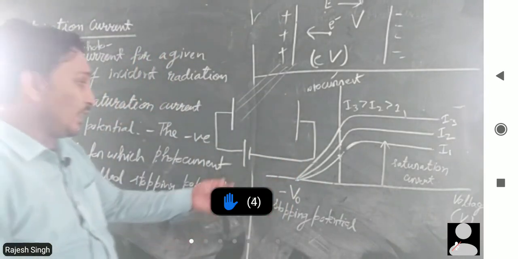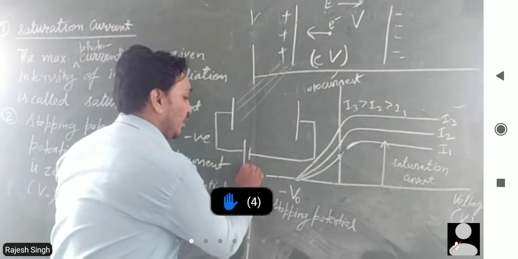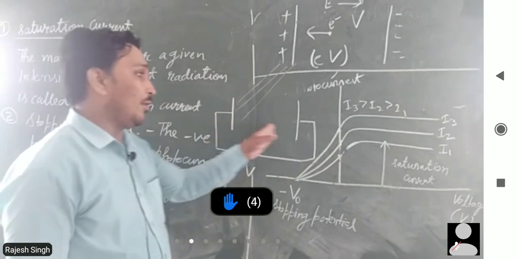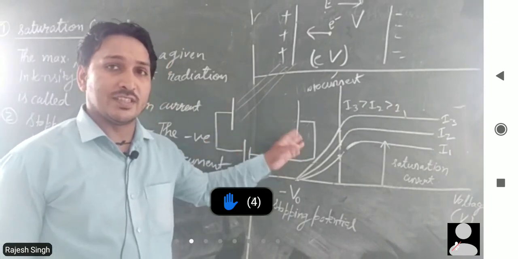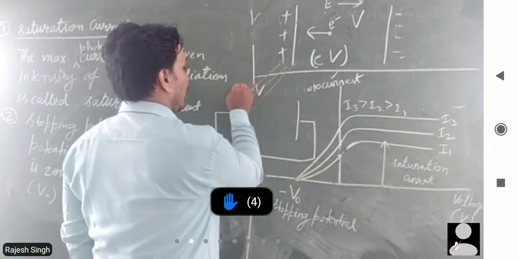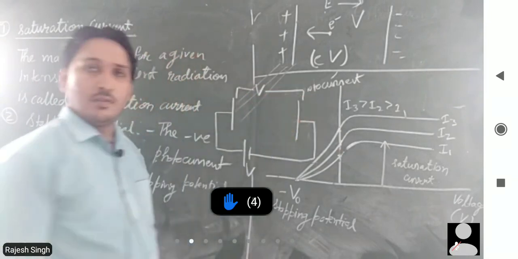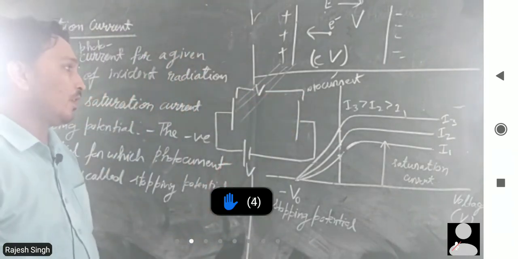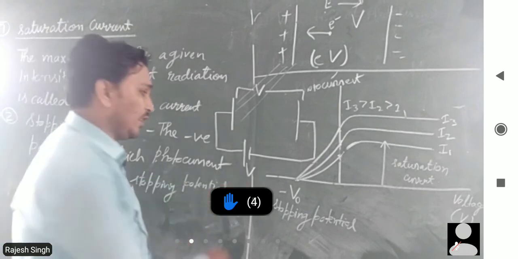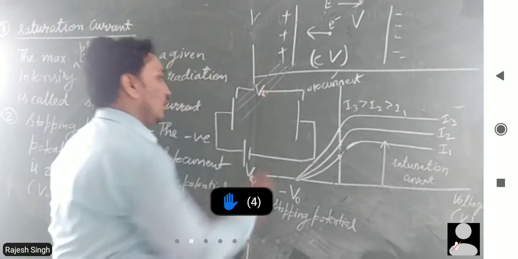So we have applied a potential difference V between these two plates. Now I'm saying this V is equal to V naught.